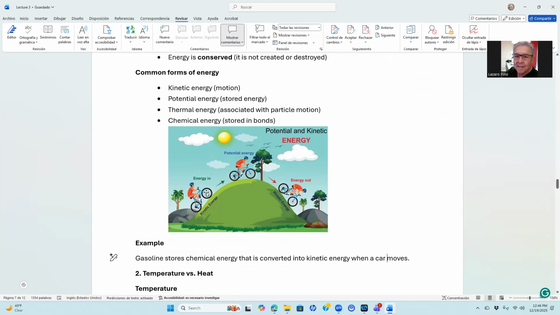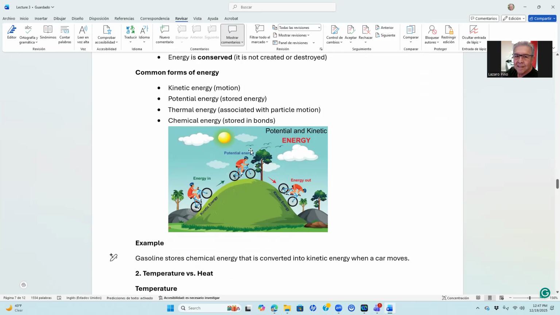Okay, let me stop in here. You can see in this picture that according to the position of this boy riding this bicycle, you can have potential or kinetic energy. When the boy is going up the mountain, the energy is mainly kinetic because it's related to movement.